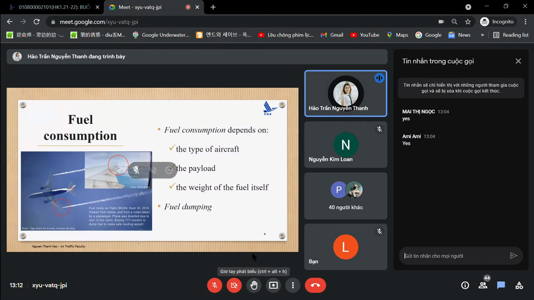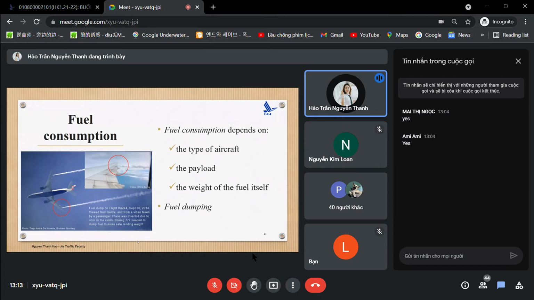In some cases, where the aircraft have to return to the departure airport just a short time after takeoff, the pilots may have to dump fuel, because, as I introduced in unit 9, an overweight landing can be a safety hazard.